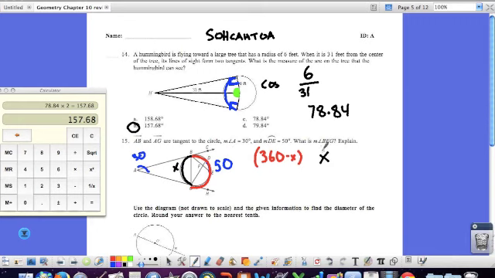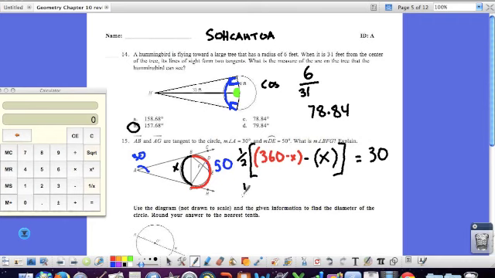This black X represents that measurement. You remember, if you have two arcs that are intercepted by tangents, tangent rays actually, that intersect at a point outside of the circle, the formula is you're going to take the difference of the two arcs, divide it in half, and that's going to equal 30. And I wasn't sure this was going to work, but I do have this weird equation that has just x's.